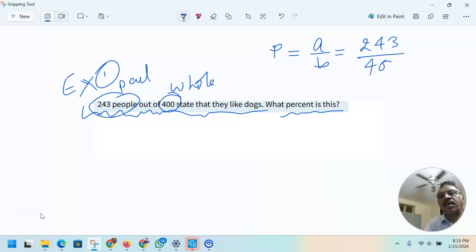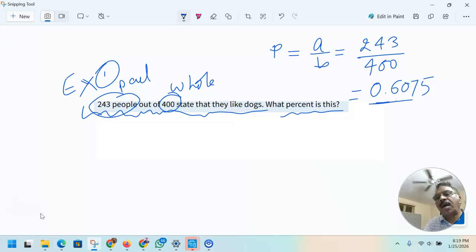Now if you use a calculator, you will end up getting 0.6075. Basically this is out of 1, so it is 0.6075 divided by 1.